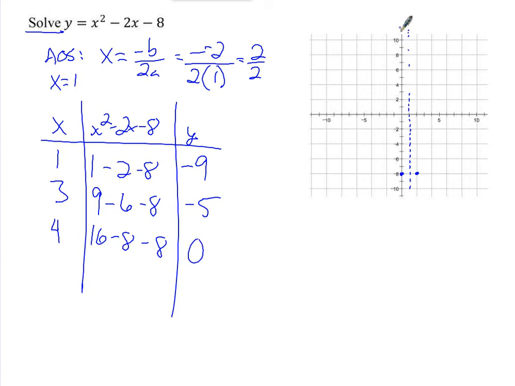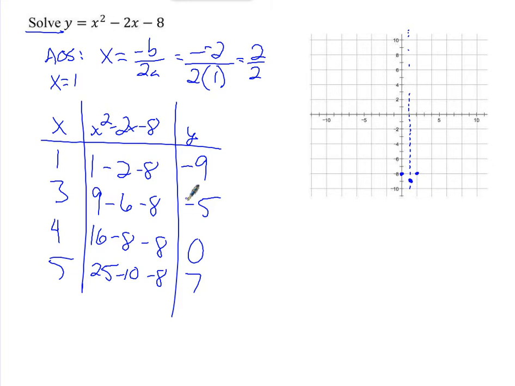I still need all this space up here, so let's do one more. Let's do 5. 25, minus 10, minus 8. It's 7. Yeah, good. All right, that's probably enough. So we have the vertex 1 comma negative 9, which is there.